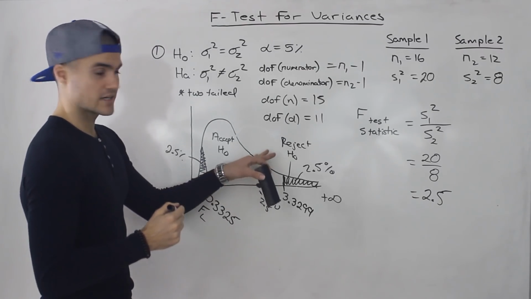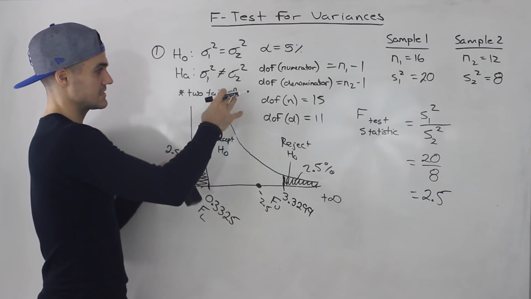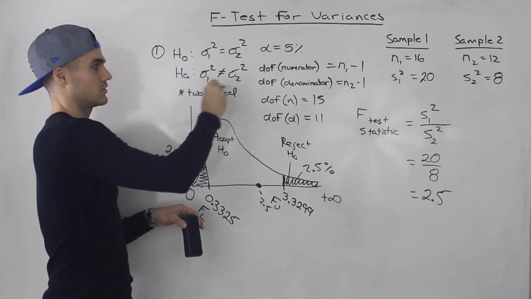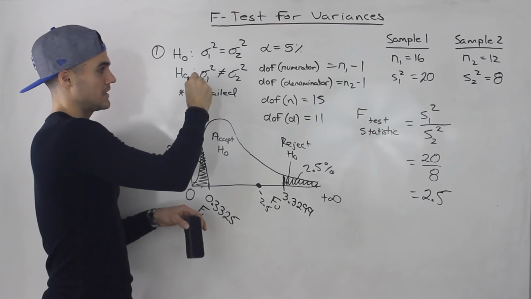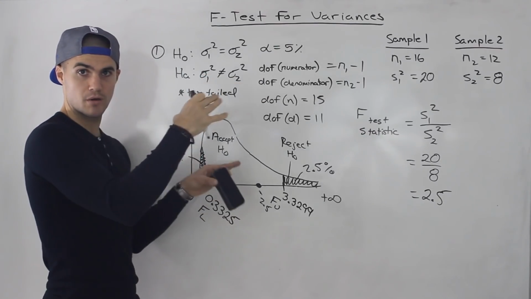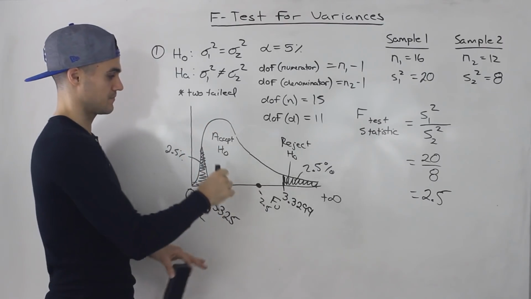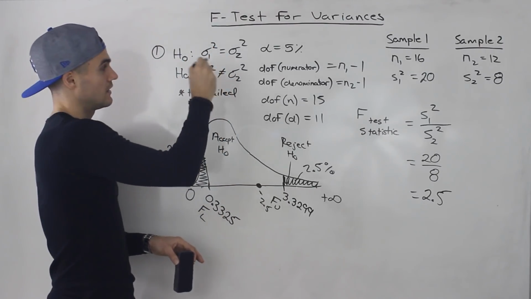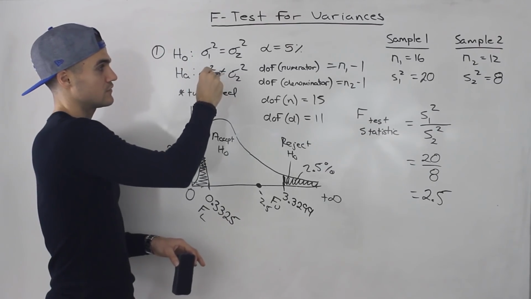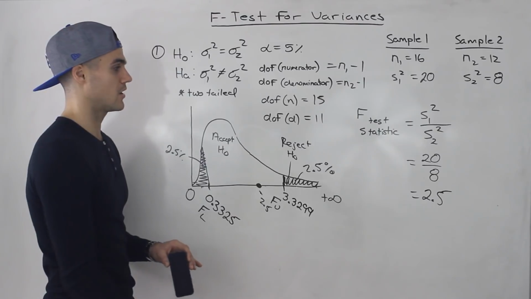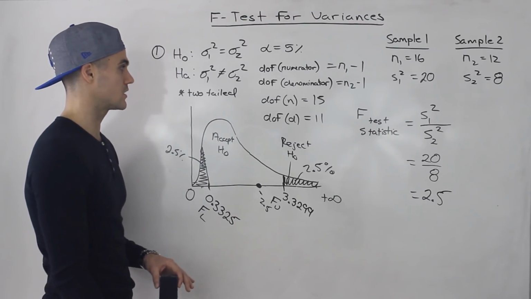So if we are rejecting the null hypothesis in this case, then what we're saying is there's more evidence pointing towards the alternative, meaning that there is evidence that there's differences between the two population variances. But if we continue to accept the null or fail to reject it, then there's not enough evidence of differences, so we continue to assume that the population variances are equal.